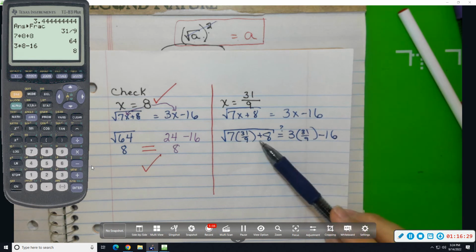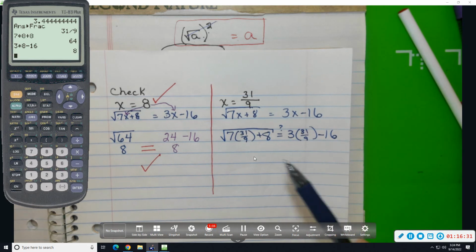Don't worry about the right-hand side for the time being. I mean the left side. Look at the right side. Let's punch that right side into the calculator. I'll punch it in exactly as you've written it with parentheses. 3 parentheses 31 over 9 close parentheses minus 16, and look what we get there.